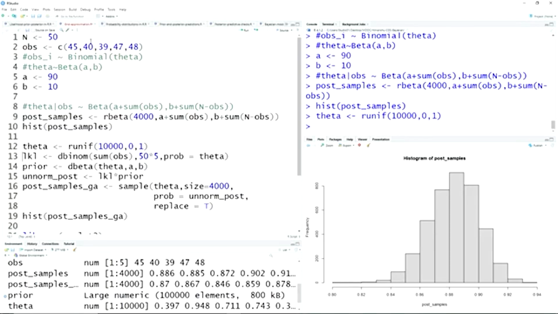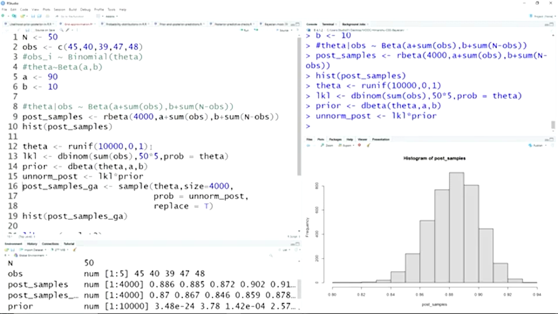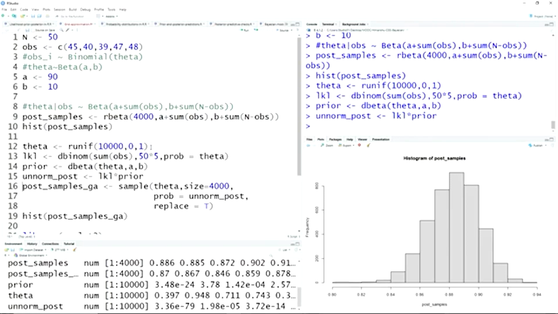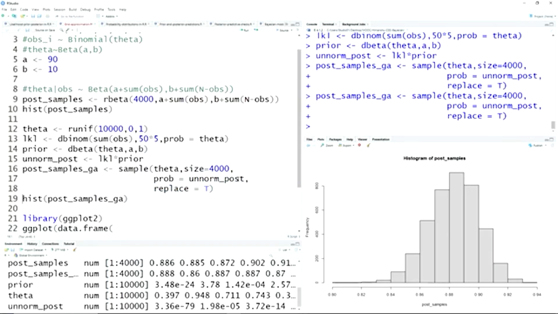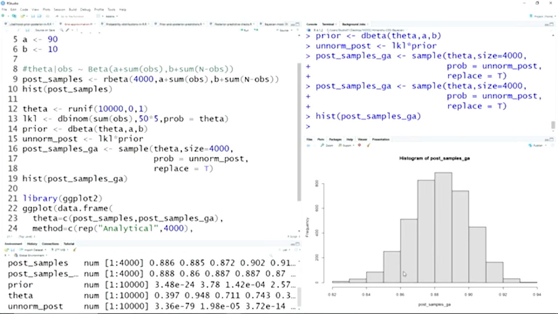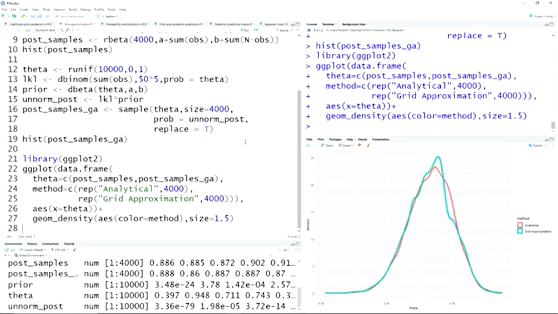In grid approximation we divided the parameter space between 0 and 1 into 10,000 equidistant grid points, and for each grid point we calculated likelihood, prior, and unnormalized posterior density, which we use as weights in the sampling function to get 4,000 samples from this vector of theta, based on their weights as a normalized posterior density. When we do this we get the posterior distribution using grid approximation, and we compared these two approaches here, right?